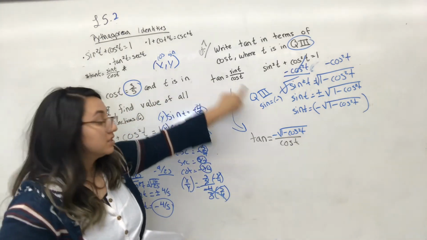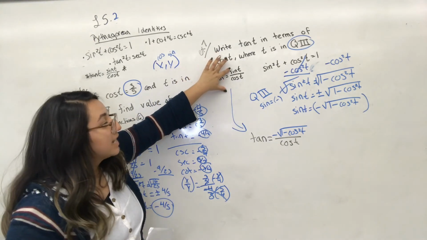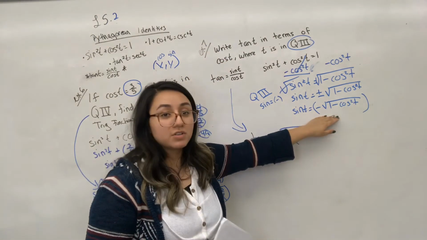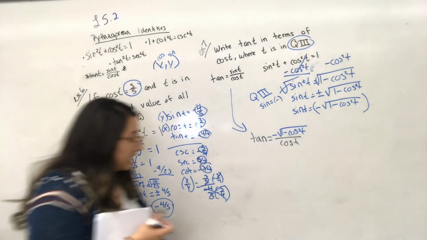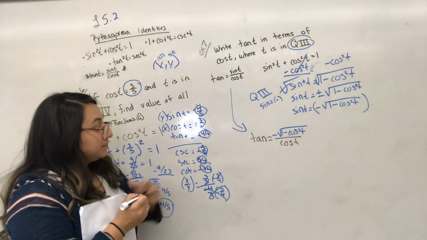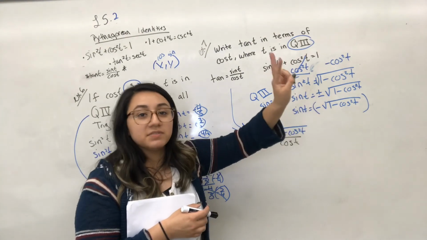Everything is in terms of cosine. So here, we're trying to find cosine, so that means we have to find what sine is and put it in terms of cosine. So that means you have to use one of these 3 formulas to see which ones we can get by itself. So the answer is this right here, and that's all. Keep in mind, we're always focusing on the positive or negative signs.